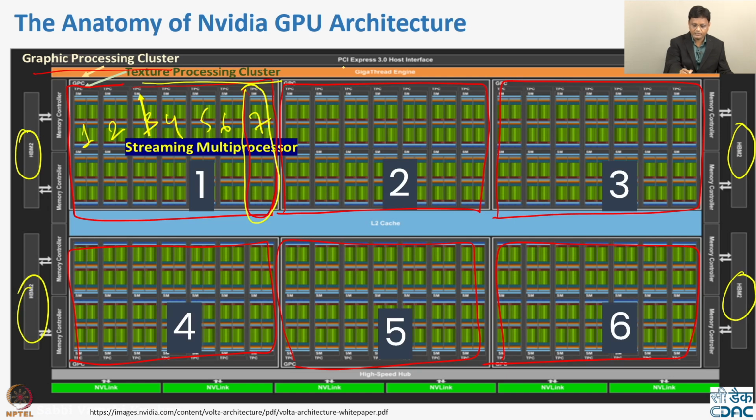Apart from that, you can see there is a PCIe 3 host interface, so a PCI connector is available. At last, you can see these green color boxes. There are 6 NVLinks. These NVLinks provide mesh connectivity among the GPUs.